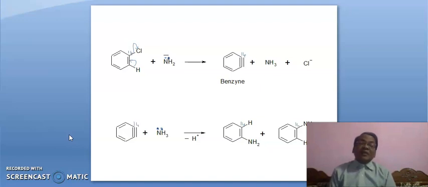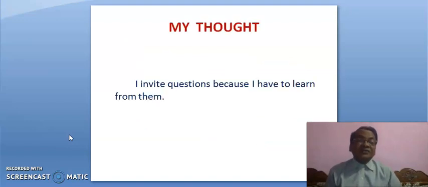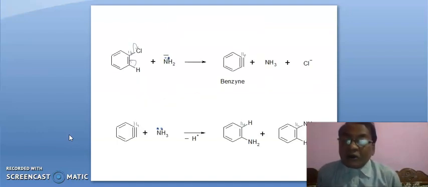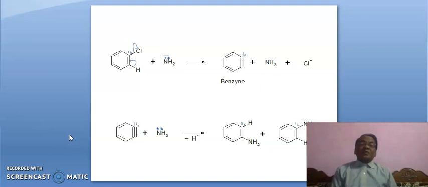But there is a 50% chance of attachment of the amino group to that carbon from which the leaving group has been detached, and a 50% chance of the ammonia attacking the adjacent carbon. Okay friends, all these are three mechanisms, and I am also repeating that the SN1 mechanism is followed by the diazonium salt.